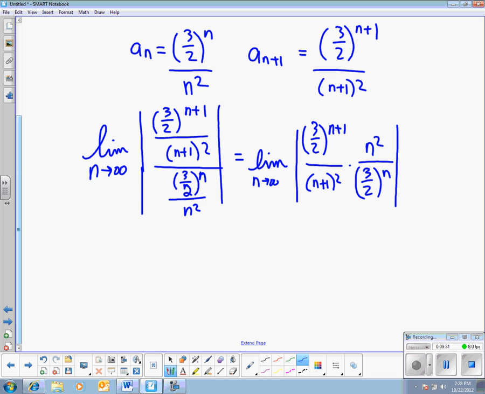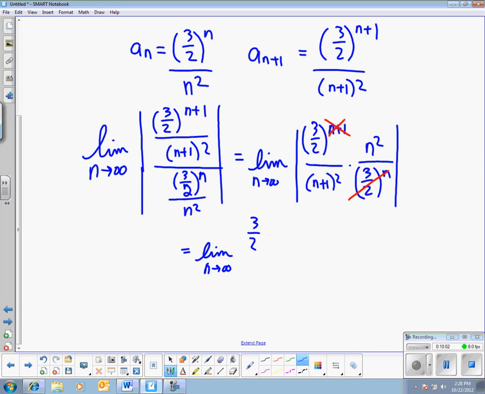On the bottom, I have 3 halves, n times. So I've got 1 extra 3 halves on top, whatever n is. Just think if n were 10, I've got 10 factors of 3 halves on the bottom and 11 on the top. 10 of them cancel, and that leaves 1 on top.